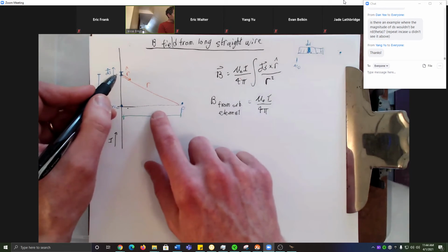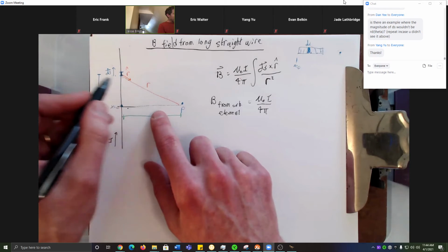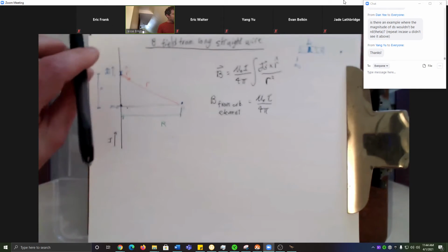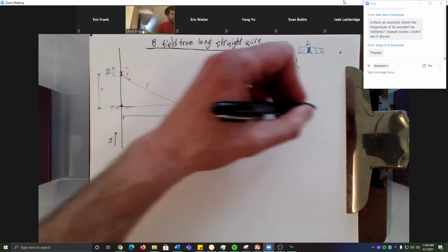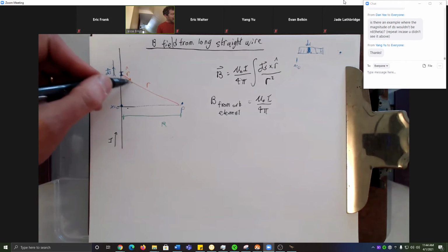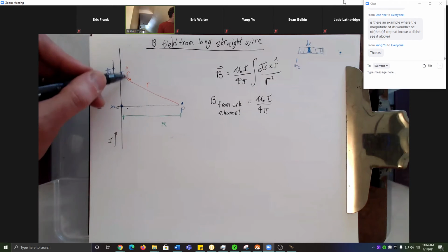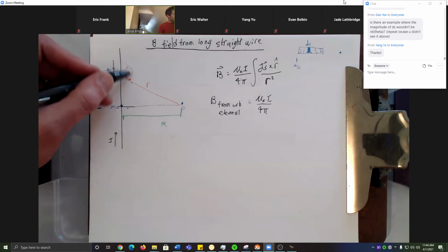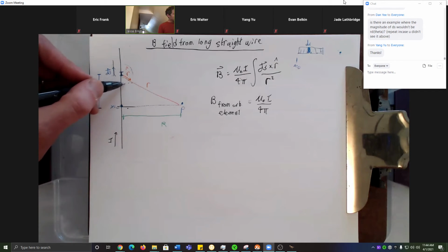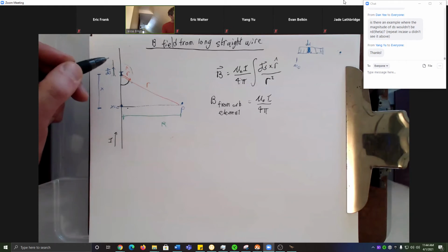So ds vector is this, r hat is that. So I need the sine of the angle between this and that. So I need the sine of this angle. But the sine of this angle is the same as the sine of this angle, right? So I need the sine of this angle here.